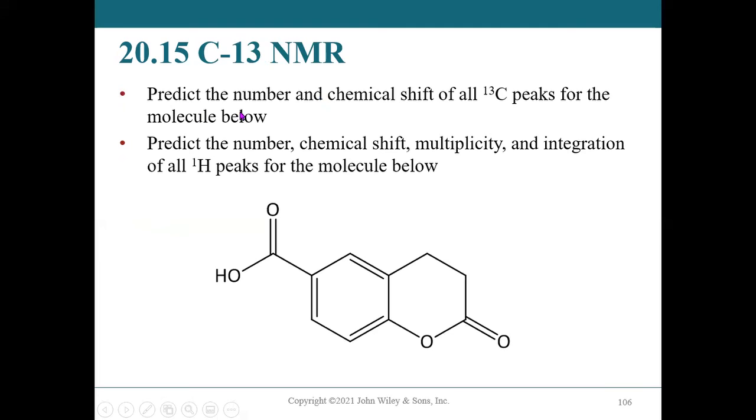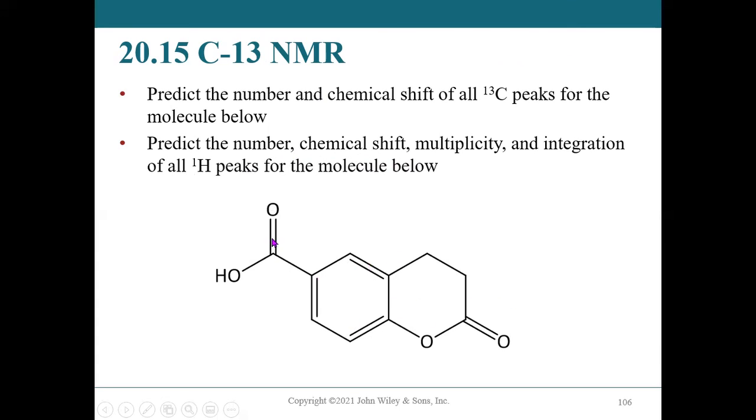For this practice, predict the number and the chemical shift of all the carbon 13 peaks for the molecule below, and predict the number, chemical shift, multiplicity and integration of all the proton peaks in the molecule below.